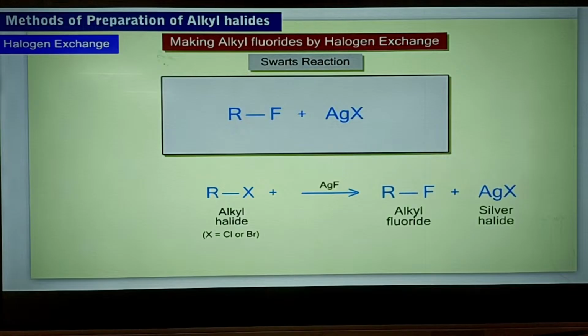As shown in the general equation here, the fluoride ion is able to replace the other halogen atom, making an alkyl fluoride.